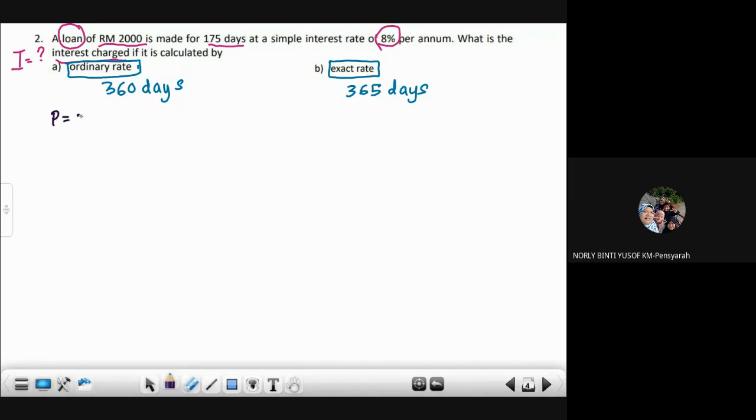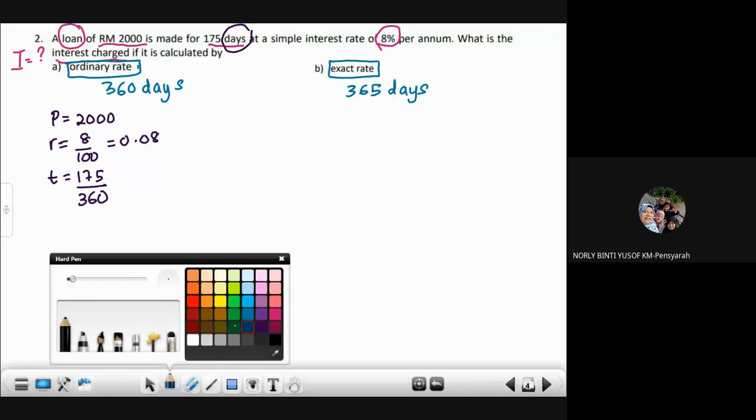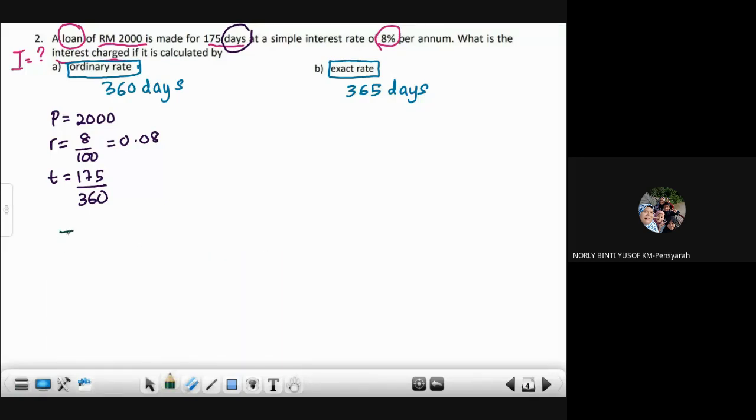Okay, so yang lain sama. Principal dia 2,000. Your R is 8%, 8 over 100, that is 0.08. And then T given is 175, but in days, so you divide by the ordinary rate 360. So you will obtain, kalau you tak simplify pun tak apa, then you masukkan dalam the equation of interest.